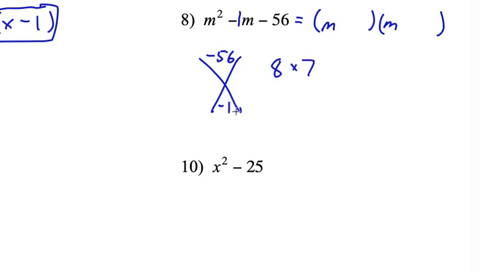Now the larger number in this case will be negative, so that when we add the two numbers, we get a negative number. Well, negative 8 times 7 is negative 56, and these do have a sum of negative 1, so we got it. So we have negative 8 times 7. So we get m minus 8 times m plus 7.